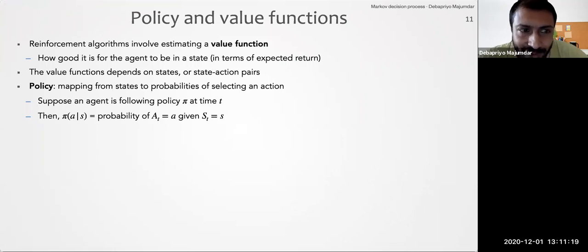P, given a state and an action, is the probability of getting a reward R and going to state S prime, right? We also looked at that MDP example of the recycling robot. So that was our P.